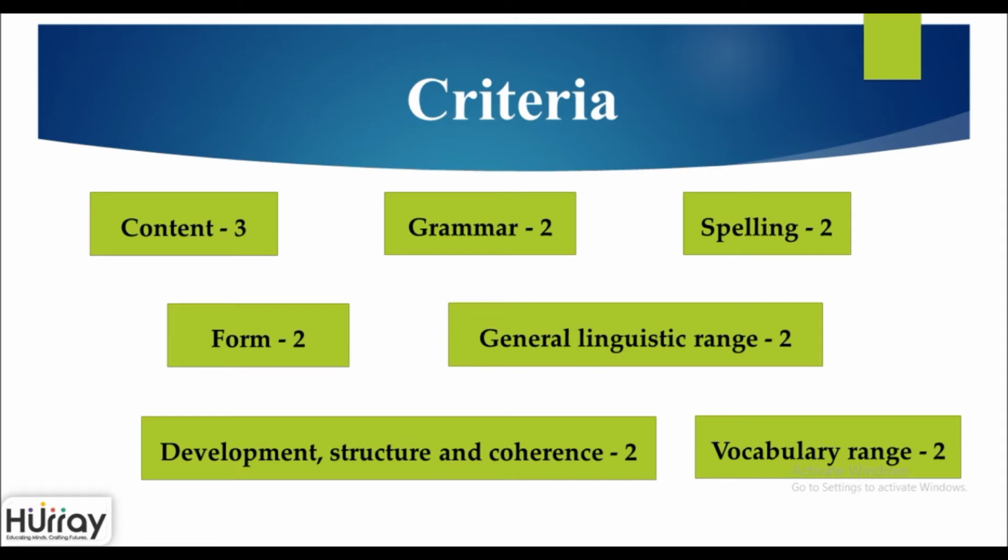The next criteria is form, which basically looks at the organization and the layout of the essay. You are allotted 2 marks for this. The next criteria is development, structure and coherence. These 3 components are extremely important for you to address your topic in a very structured manner.